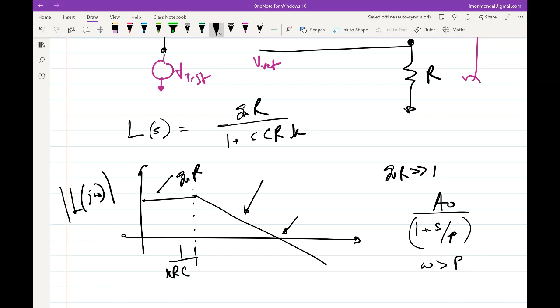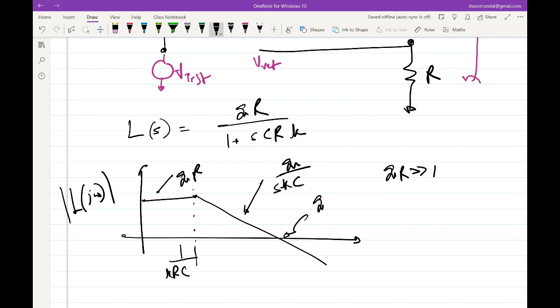I can neglect that 1 plus, right? So if I neglect that 1 plus, this straight line segment can be approximated as GM by SKC. So if that is the scenario, then what is this omega U loop?